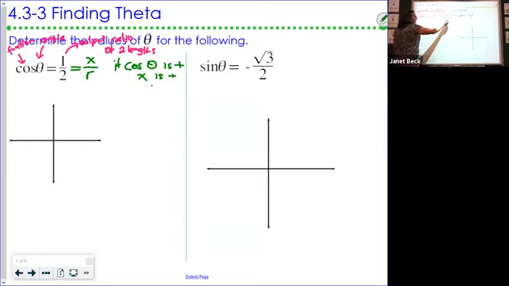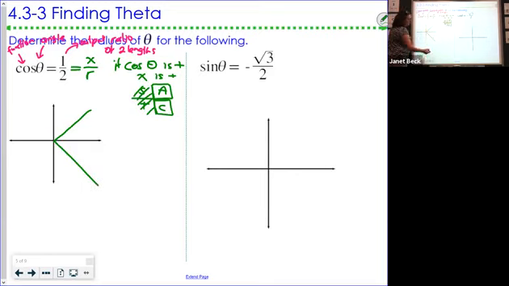And that happens in 2 quadrants. You can use ASTC if you like, Angry Santa Traumatizes Children. I know cosine is positive in quadrant 1 and in quadrant 4. So we work here. Now draw 2 angles, just draw 2 terminal rays, make them into triangles by connecting them always to the x-axis.